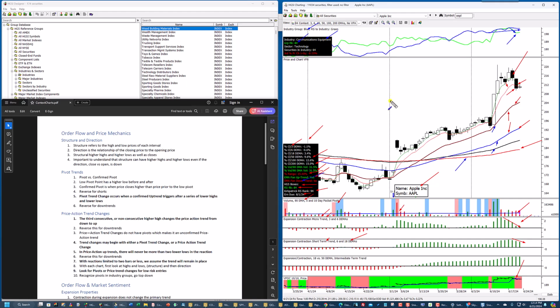So like I said, there's a tremendous amount of information in this chart, and you're going to see a lot more when I get into talking about some of these things that are discussed here in the PDF file.